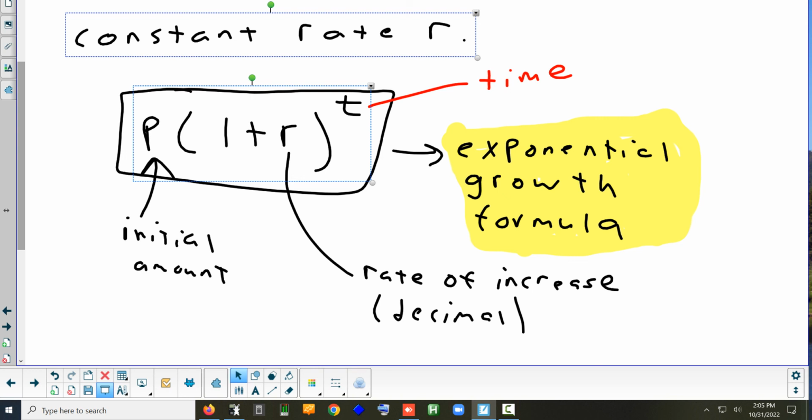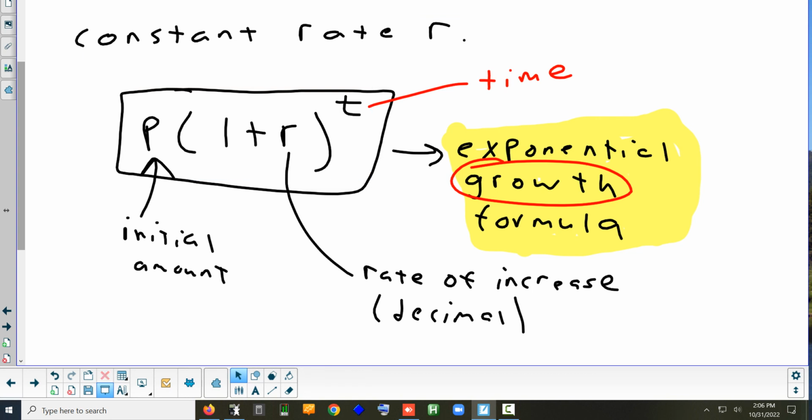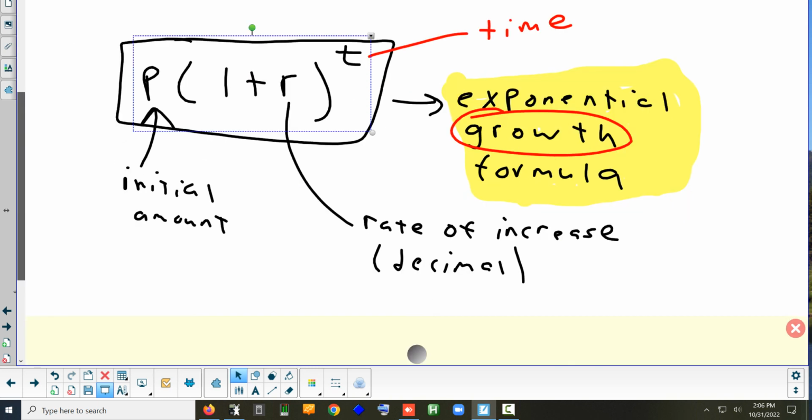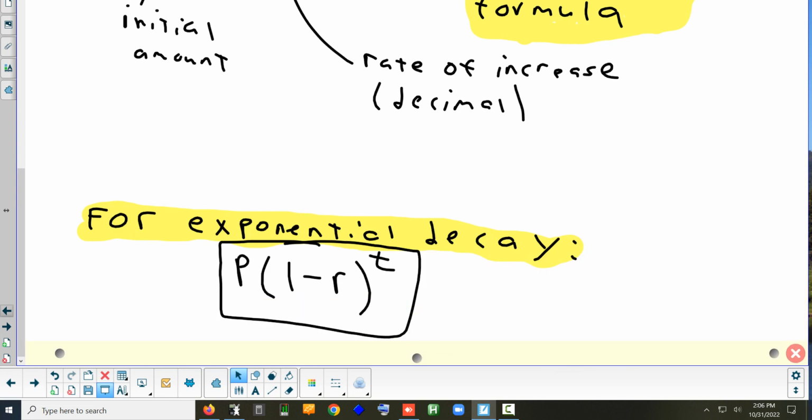Now, we've talked about two kinds of exponential graphs. One of them is growth. What's the other one that I mentioned and we saw a couple pictures of? Yep. Decay. You only have to change one thing in that formula to make it decay. Does anybody have a guess what in that box would change to turn that from growth to decay? Plus to minus. Yep, you change the plus to a minus.